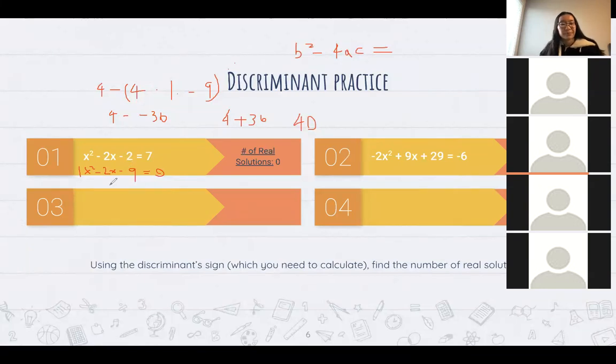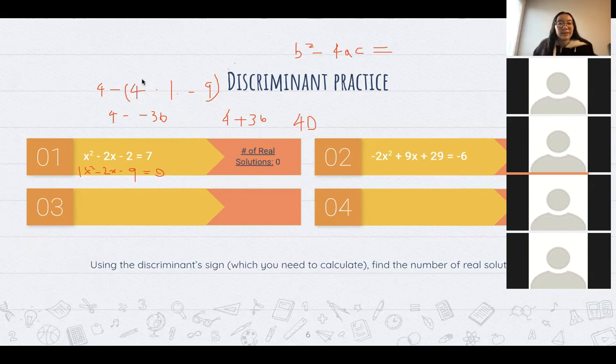Let's see, wait. b squared is going to be 4 minus 4 times a times c. Okay, wait, Aniket, how did you get no real roots? I kind of guessed. Okay.